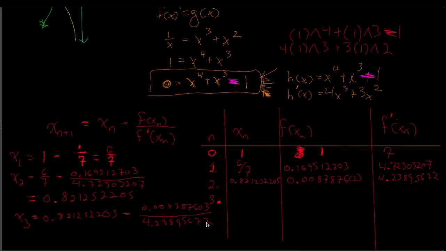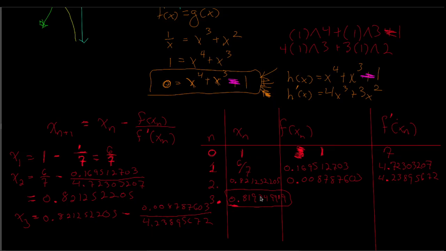And I think this might be my last approximation for this. 0.819249919. And so we can see we're around 0.8 as a value through here.